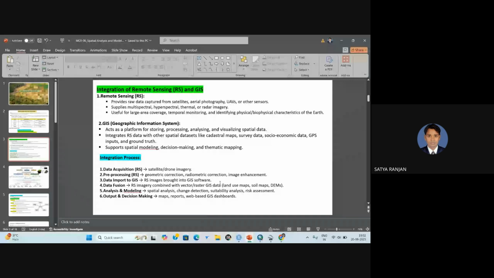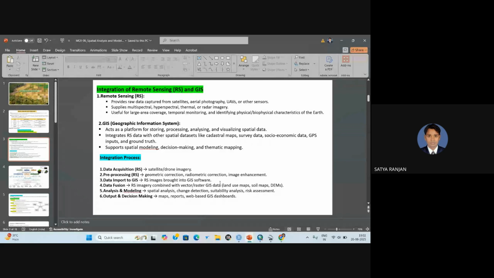So how is this integration process used? First we have data acquisition. So we have to create some satellite image and drone image as a base. On the base we can create other features. Then pre-processing like geometric corrections, radiometric correction, image enhancements.